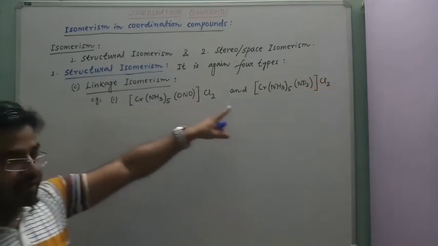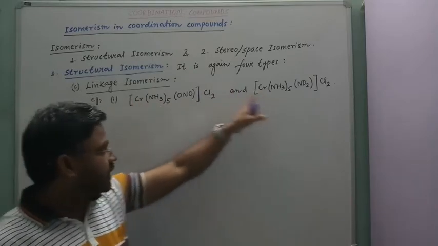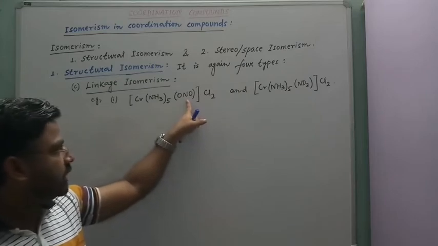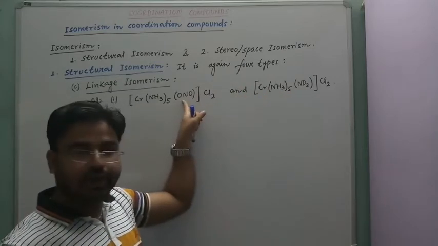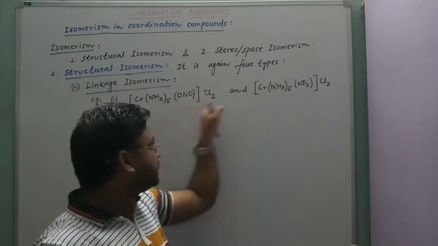So in both the compounds they have same central metal atom, NH3, ONO and NO2. So ONO nitrito group, NO2 nitro group. So it is ambidentate ligand.